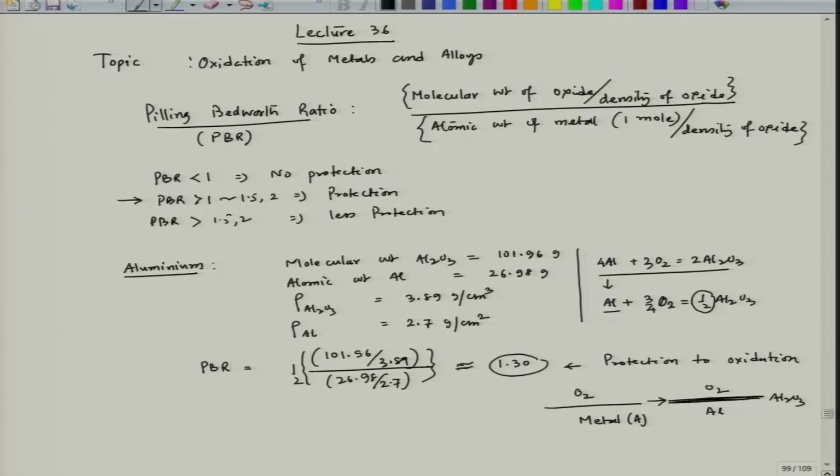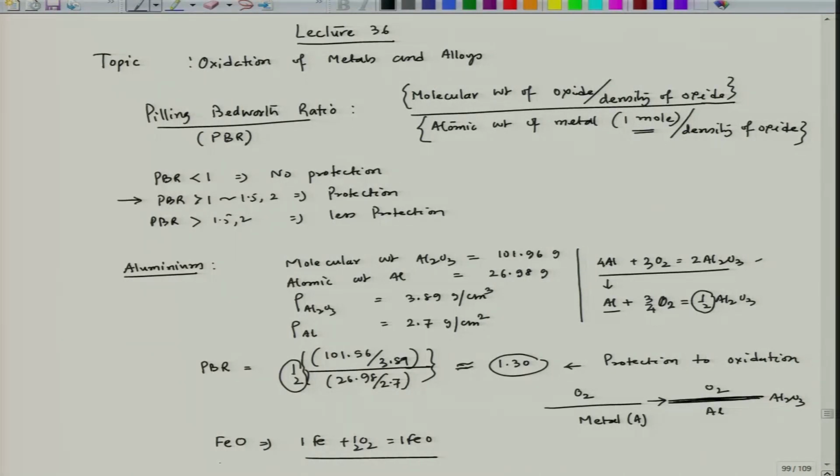It is also good, but this 1 mole is important, because in this case it becomes half. Let us say for FeO, the reaction would be Fe plus O2 equal to FeO. That case, 1 mole generates 1 mole of FeO, so this factor will be 1.